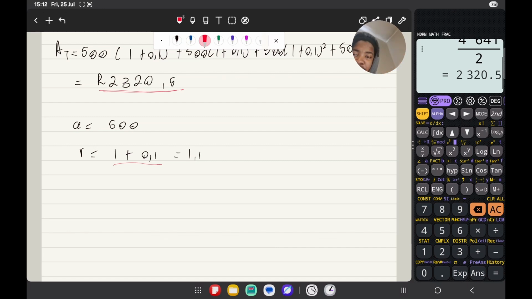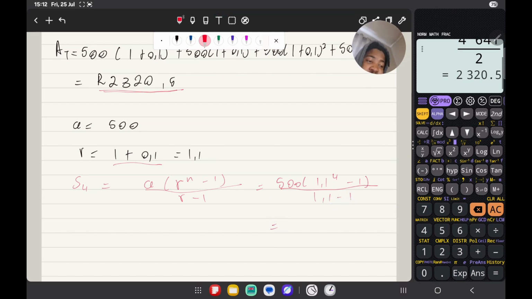So you need A and you need R. S4 is going to be, since R is greater than 1, we're going to use this formula: A into R to the n minus 1 over R minus 1, which is 500 into 1.1 to the power of 4 minus 1, over 1.1 minus 1.